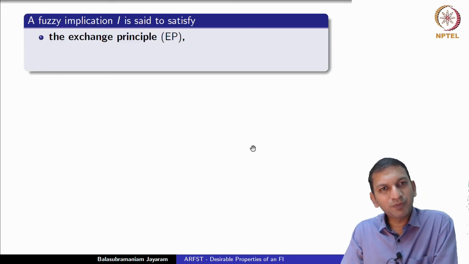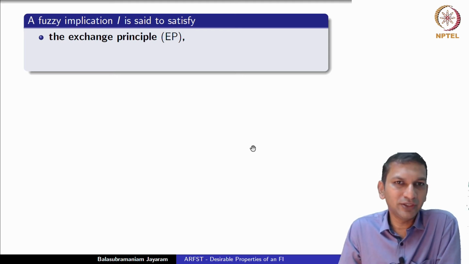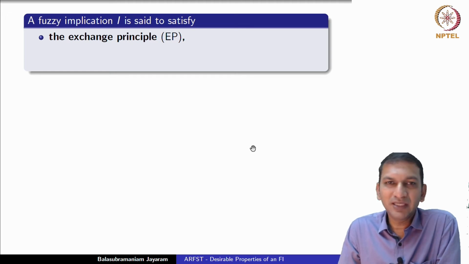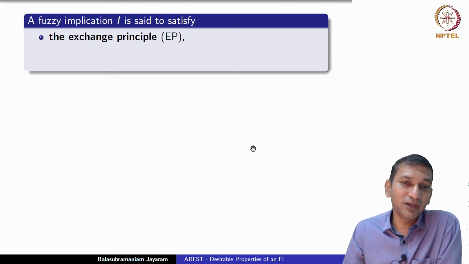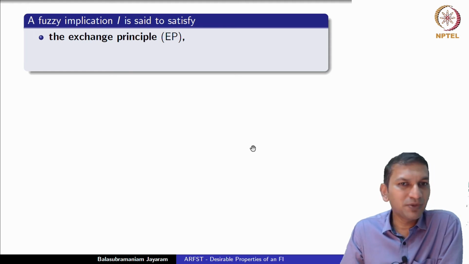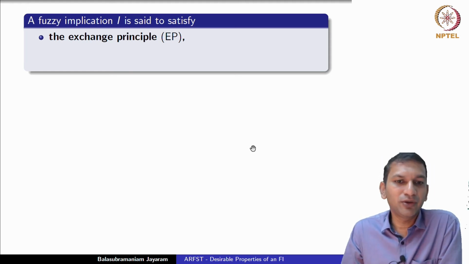In fact, it almost plays the role of associativity in the case when you consider it in terms of implications. And why do we make this comment? That would become clear as we go forward and look at some algebraic properties that fuzzy implications can have, and also in an applicational context.